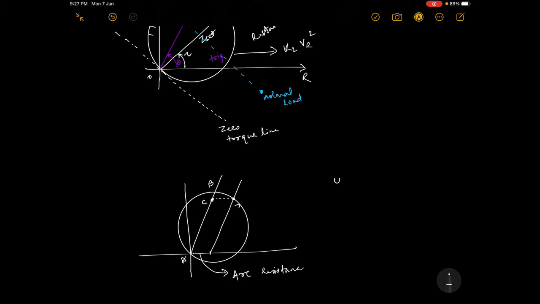Now what is the under reach? Under reach is always in percentage. It is BC over the total length AB, into 100. The relay has to actually operate up to here, but it is operating only up to this point. This is the effect of arc resistance, and I think you have already come across two types of relays, the impedance relay and the reactance relay.